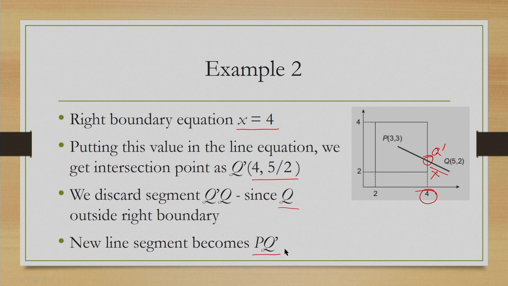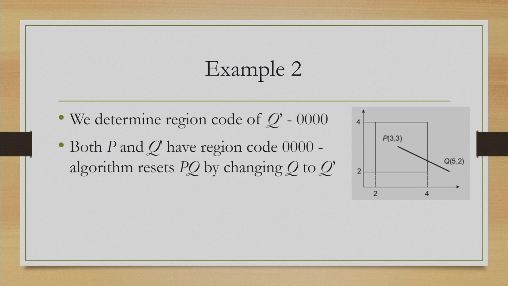These are the two new endpoints. Next, we determine the region code of Q dash, as we have seen earlier, which turns out to be 0000. Now, both P and Q dash have the same region code 0000.